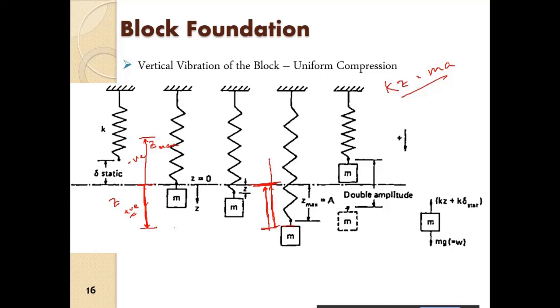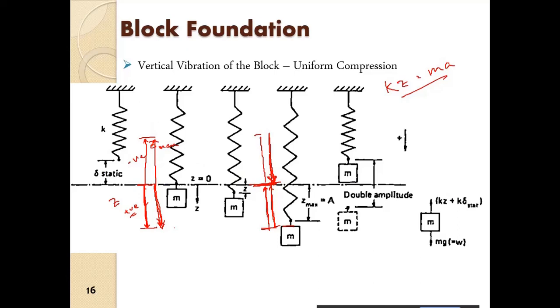Again, when the mass goes up, the acceleration will increase and it will be towards this one. So you see, z is directed away from the equilibrium position. So displacement is increasing away from the equilibrium.